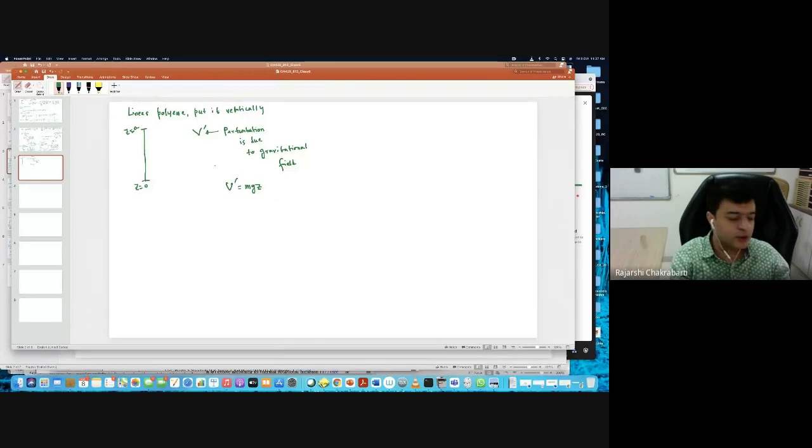Now let us calculate, for example, the first order correction to energy for the ground state. Ground state is 1. Of course, you have to multiply with lambda, but okay. What is the formula? How many of you remember?